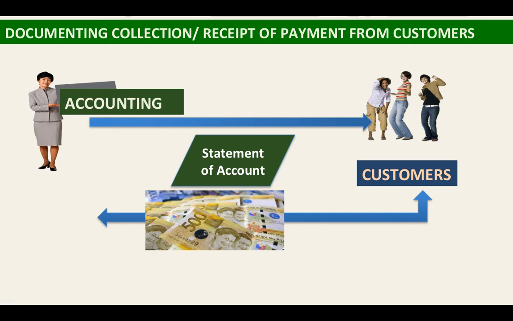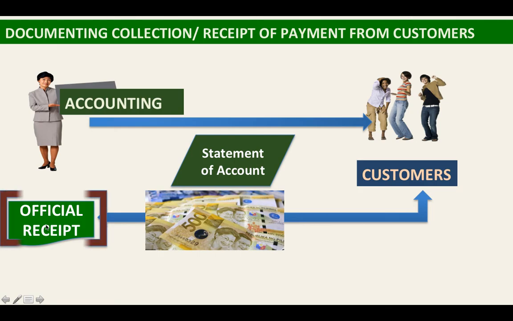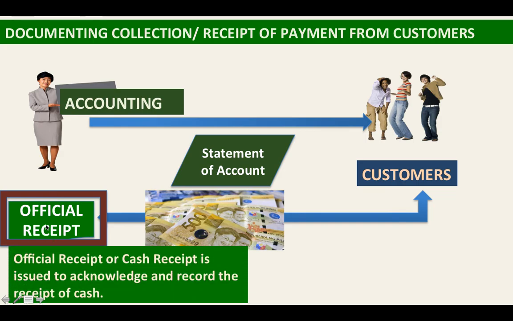Okay, so basta nagbayad na, then the seller will receive the payment, and to acknowledge the receipt of payment, a document will be issued, and that is the official receipt. Okay, and this official receipt will be used to record the receipt of cash.